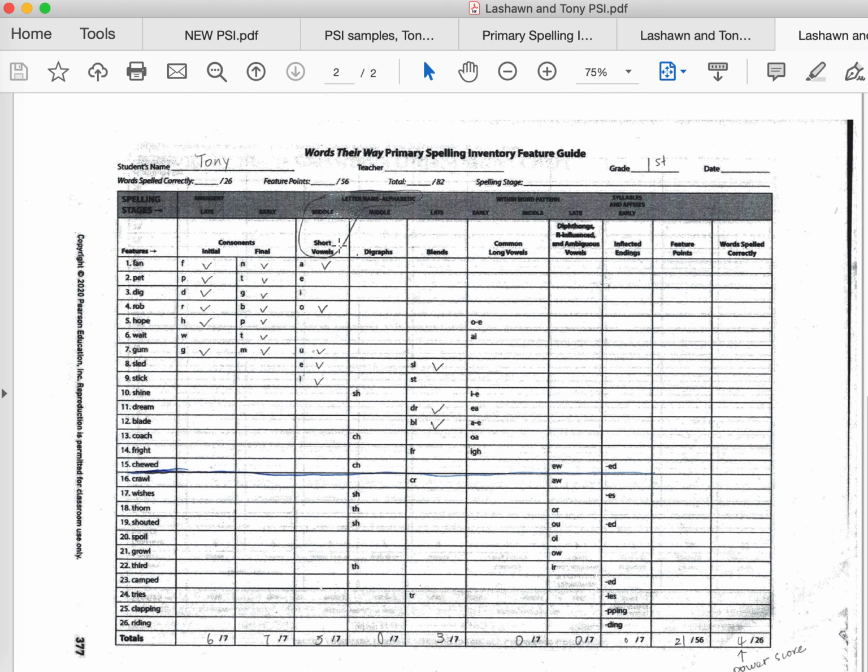In the short vowel column, Tony spelled 5 of 7 short vowels correctly. He had 2 errors in the short vowel column. So this is where he is using but confusing, and this is where his word study instruction should begin. Tony kept spelling words until the teacher stopped at word 15.